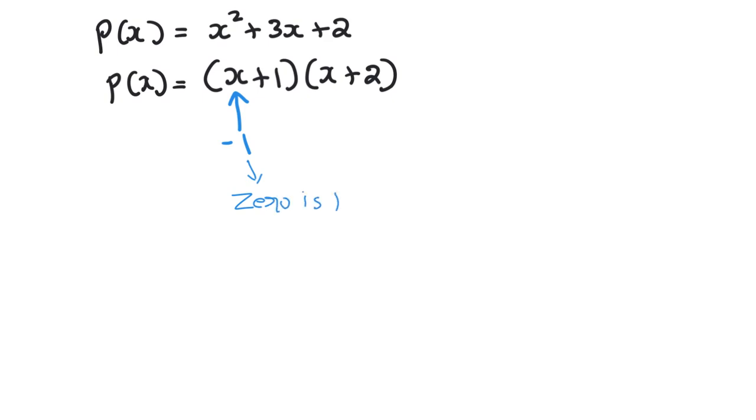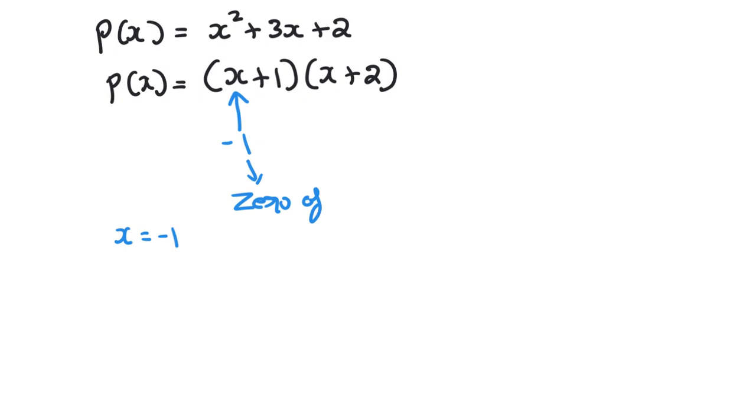Yes, because what do you mean by zero of the polynomial? That value of x which will make the whole polynomial equal to 0. So in this case, if I put x as minus 1, the whole polynomial becomes 0. So when x is equal to minus 1, the polynomial becomes 0. So x equal to minus 1 is the zero of the polynomial.